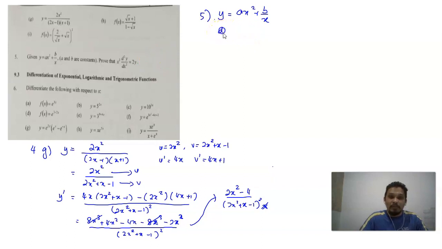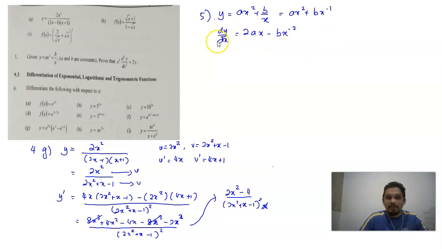So y prime or dy dx. Differentiate this, ax squared, 2ax, and this one here, ax squared plus bx power of negative 1. So negative 1 times positive minus 1 bx power of negative 2.